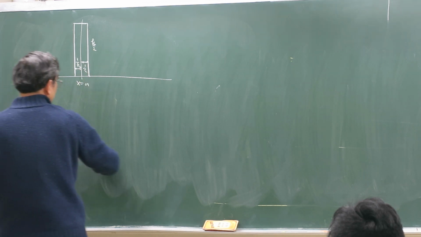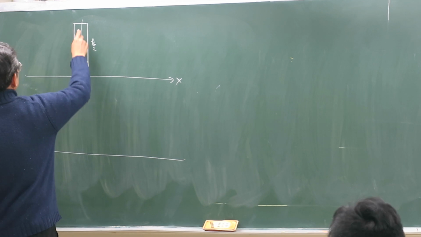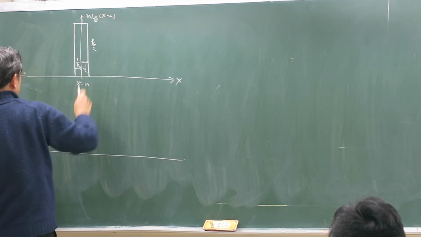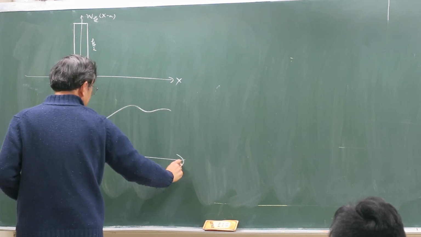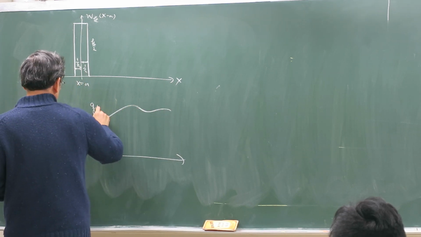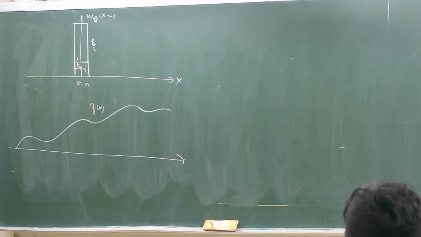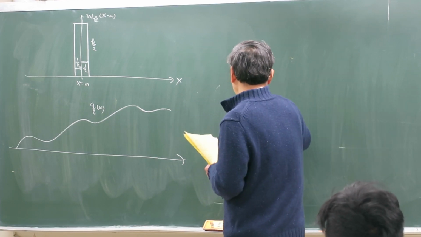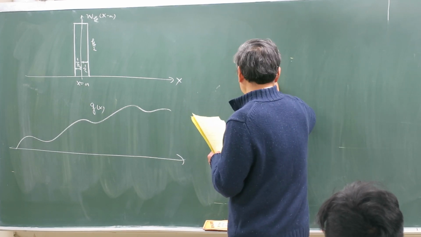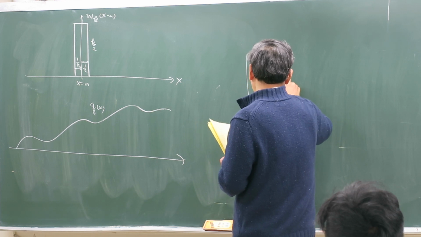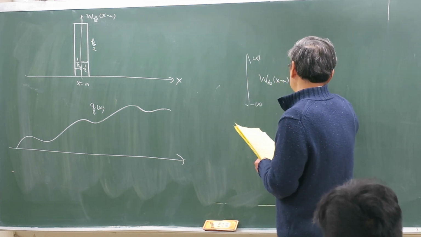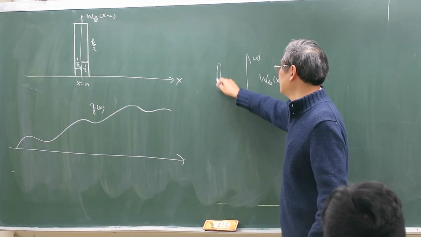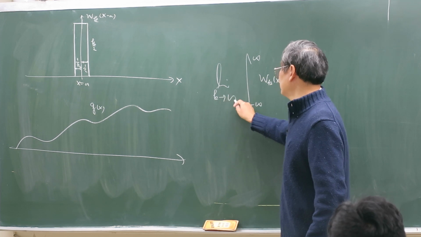And this is x. And this is another function, for example, we call it g(x). Then I do this kind of integration from minus infinity to infinity of W_k(x minus a) times g(x) dx, for limit k approaching infinity.